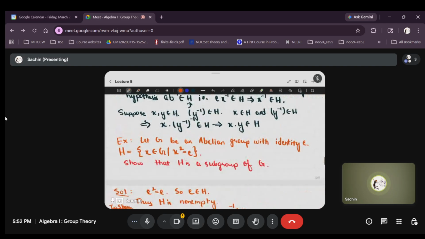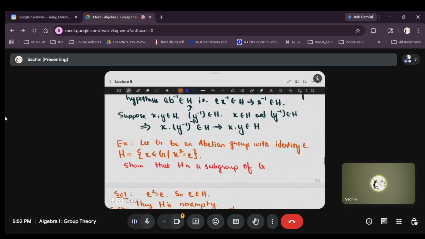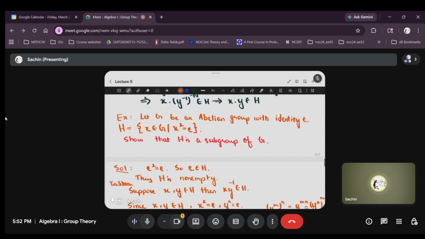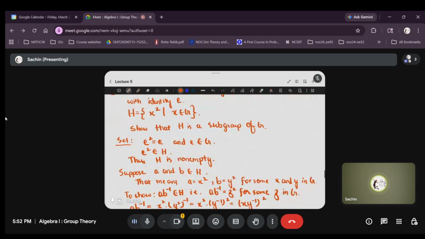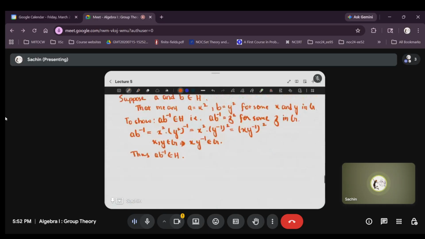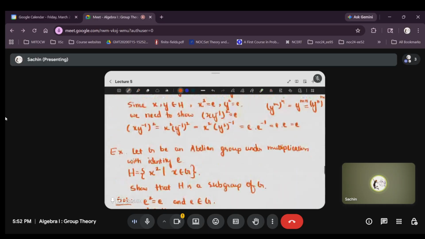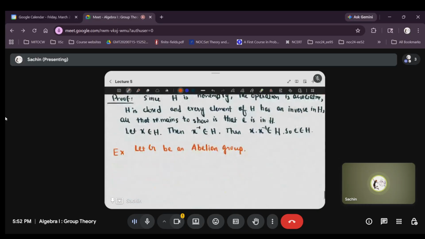It's not clear at first glance that the set of all elements whose square is the identity will be a subgroup, or that the set of all squares of elements of a group forms a subgroup. So these examples are nice in that sense. But applying the test to the problem is simple once you understand the problem proper.